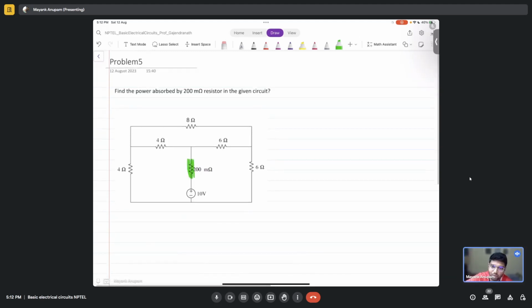I'm not going to solve this question here because it's very easy. This is basic, simple circuit analysis. What will you do here? How will you solve this question?